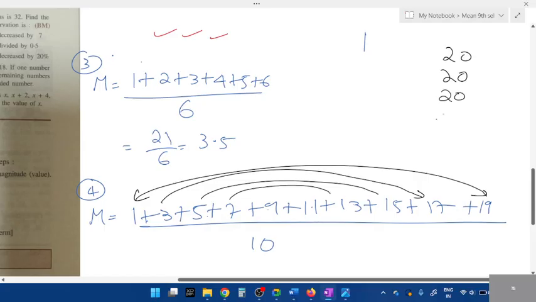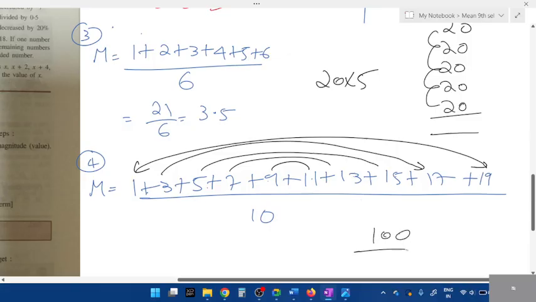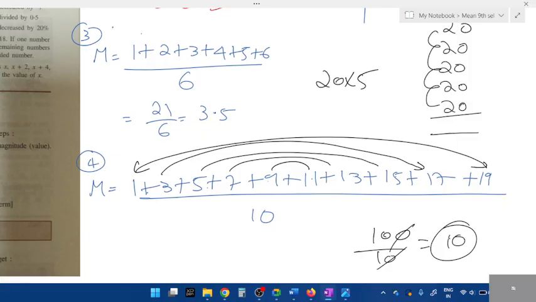What is 7 plus 13? 9 plus 11 is 20. 20 is multiplied how many times? 20 into 5 is how much? So don't waste your time adding 1 plus 3 plus 5 plus 7, students. This is the way you have to add. Next question.